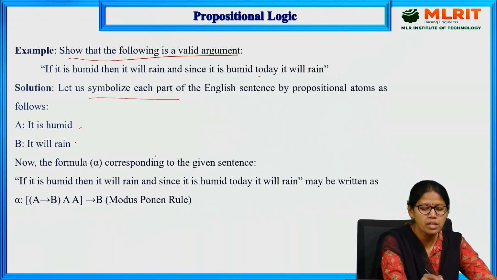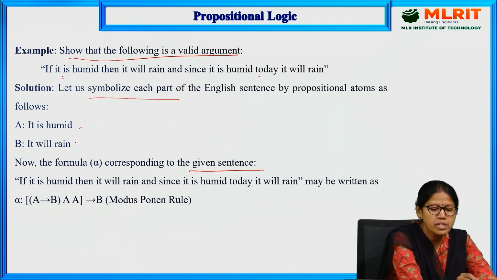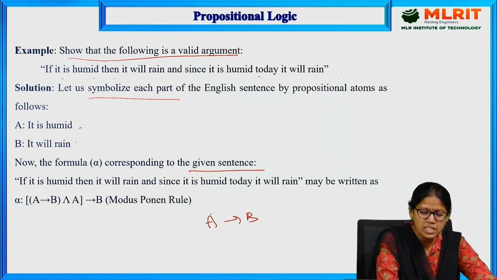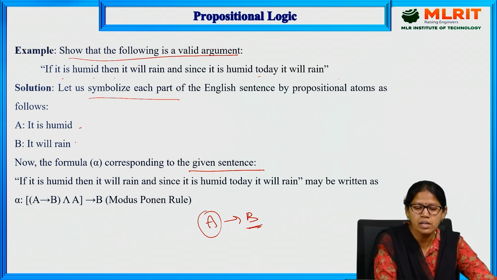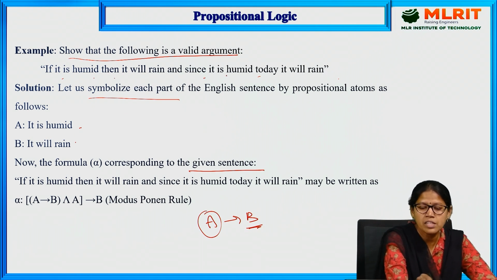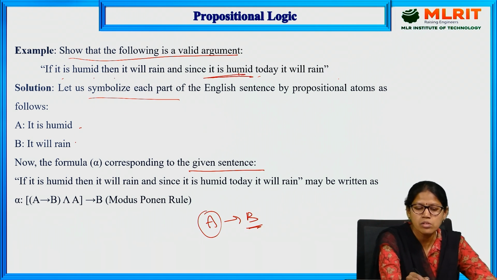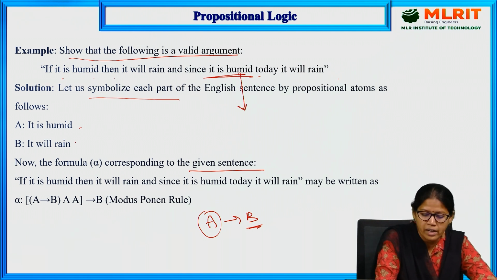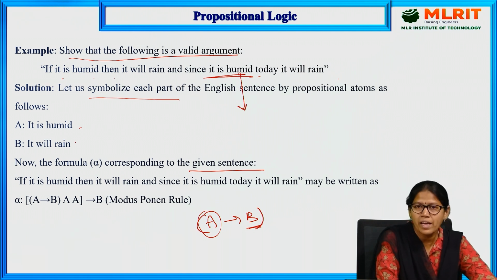Now the formula corresponding to the given sentence: if it is humid, then it will rain, so we use the implication A implies B. If it is humid, then only it will rain. And since it is humid, this is the fact. So A implies B, and it is humid, that is the fact.